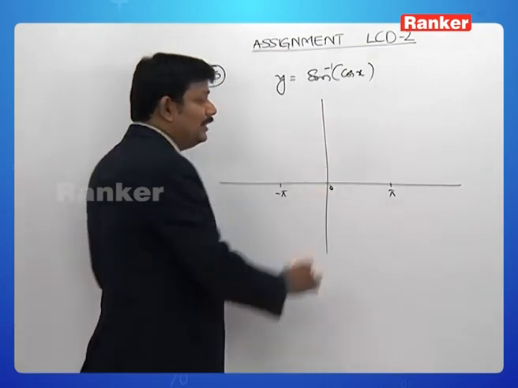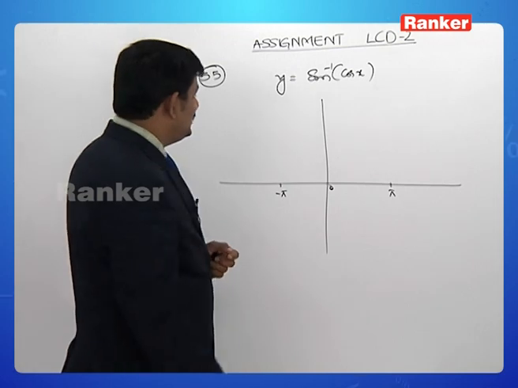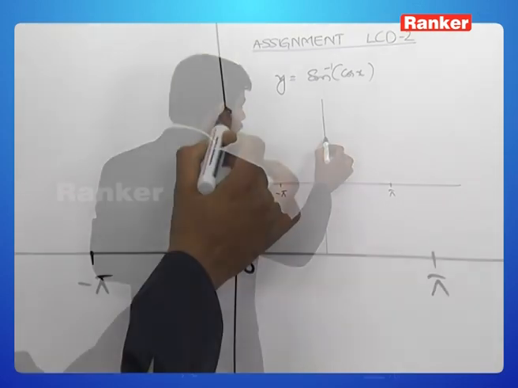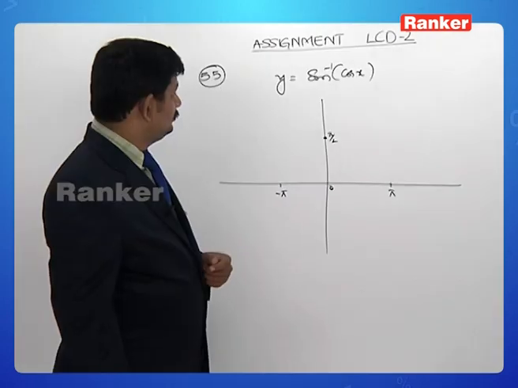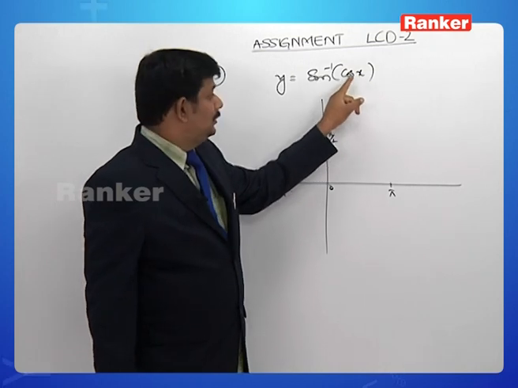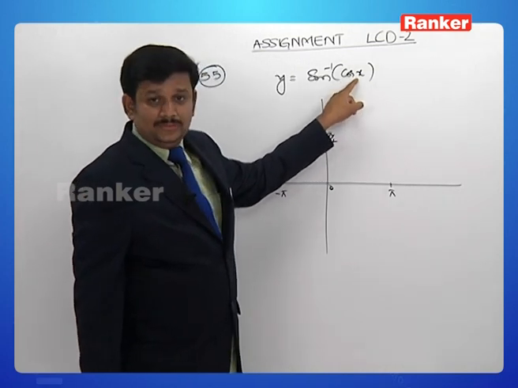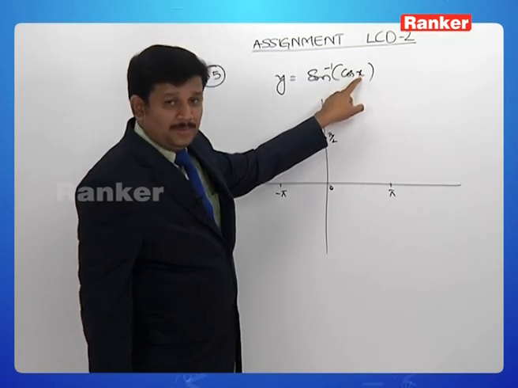Let us see, when x is 0, cos 0 is 1, sin inverse 1 is pi by 2. As we gradually increase the values of x, cos x values decrease to become 0 at pi by 2.